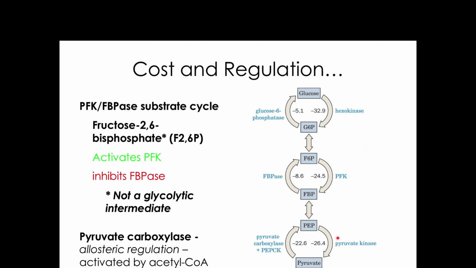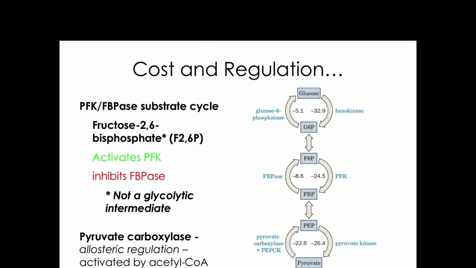So glycolysis, and then gluconeogenesis. We already knew that PFK is how we regulate glycolysis. So not surprisingly, its companion enzyme in the gluconeogenesis pathway is how we regulate gluconeogenesis. So how we regulate this entire process really has to do with how we regulate both PFK and FBPase.